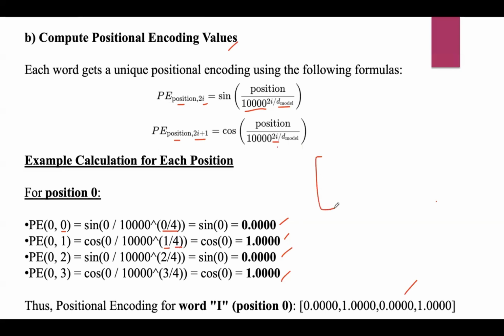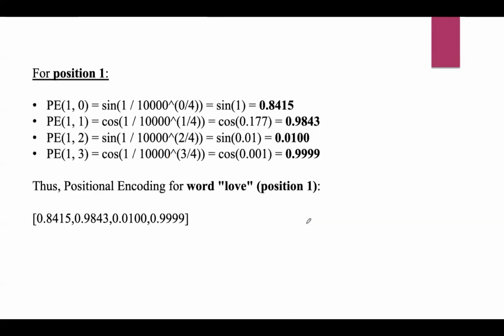So how does it look in the matrix? We have the embedding matrix like this. So this is 0,0, 0,1, 0,2, 0,3. This is for the word I. In the same way, we need to find out for love and AI also.